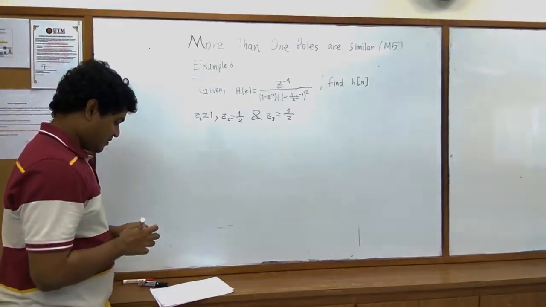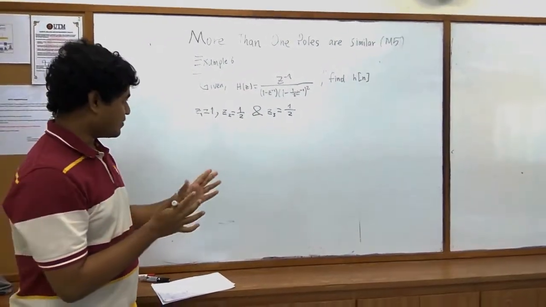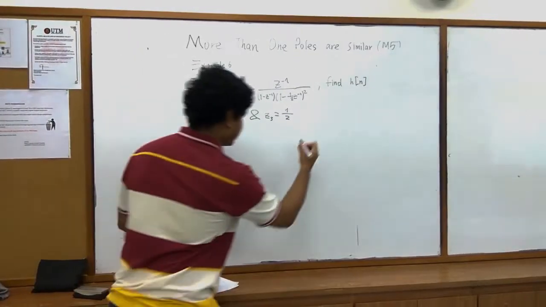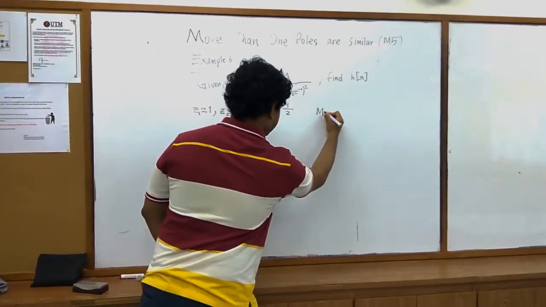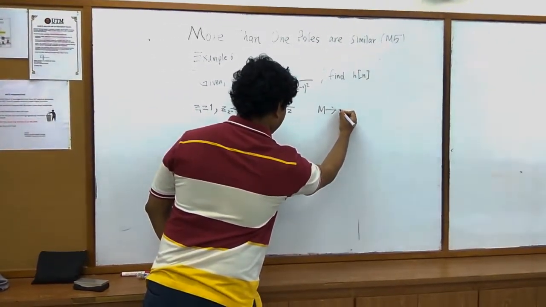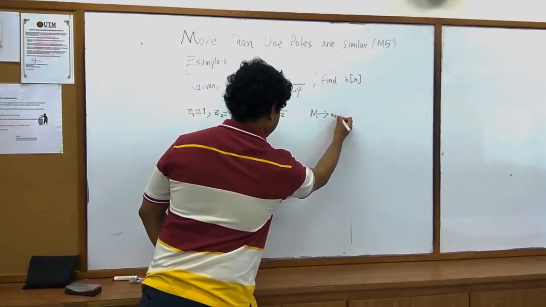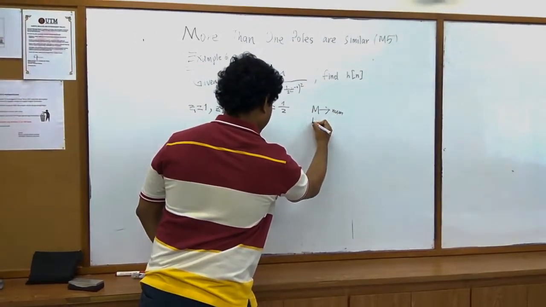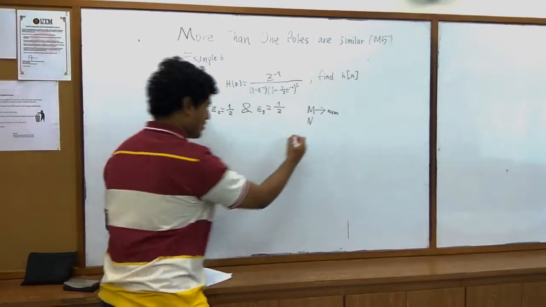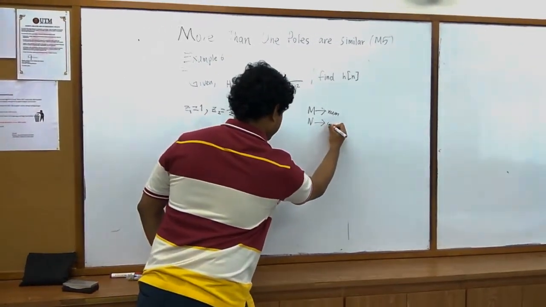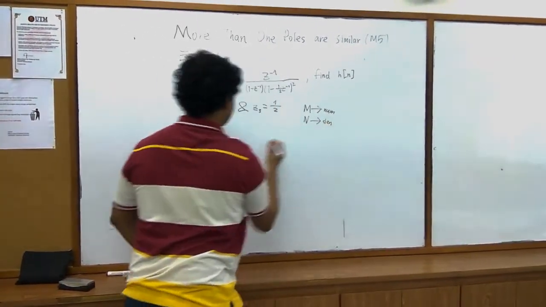Now you have m and n when it comes to these types of questions. m is the order of your numerator, and n is the order of your denominator.